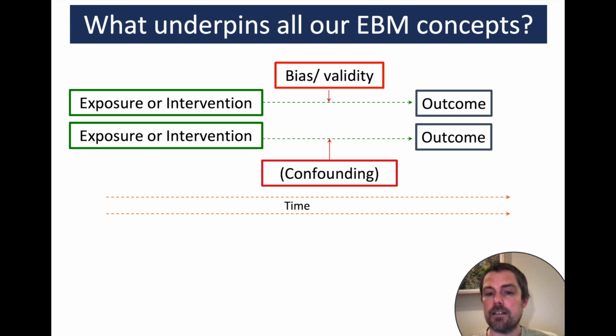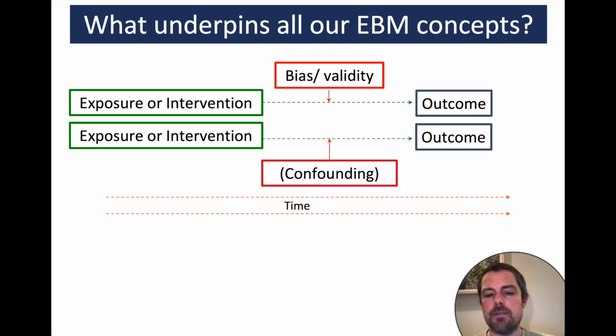In terms of critical appraisal, all studies can be biased, and that's okay. That does impact their validity, and we need to be able to appraise that to understand whether we should apply this to patients. Another important aspect, particularly in relation to observational studies, is confounding. We'll discuss that on the next slide.